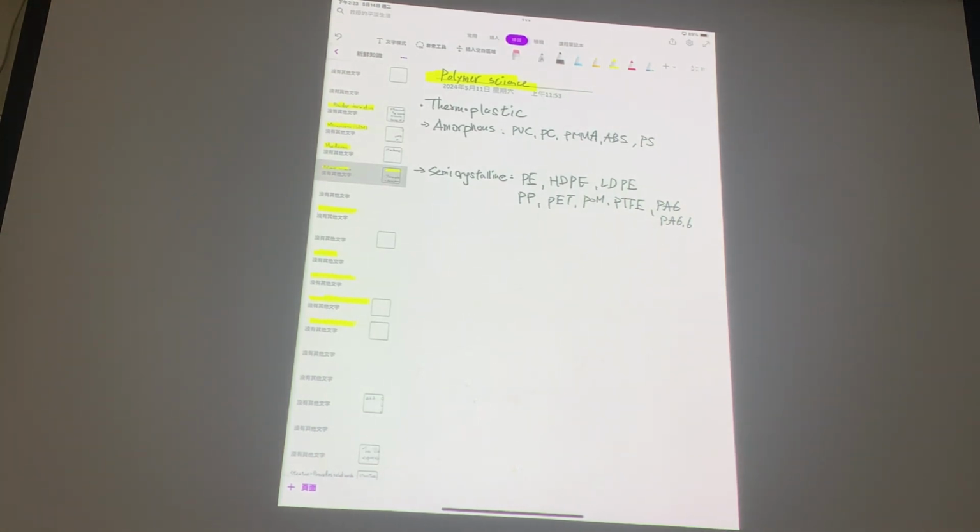There's a lot of confusion between amorphous and semi-crystalline. By the way, getting a fully crystalline material is really difficult. Mostly when I say semi-crystalline, please do not get confused. Semi doesn't mean 50%.